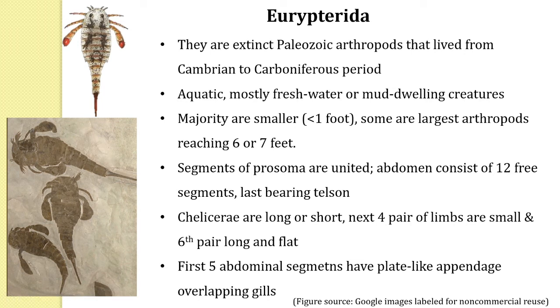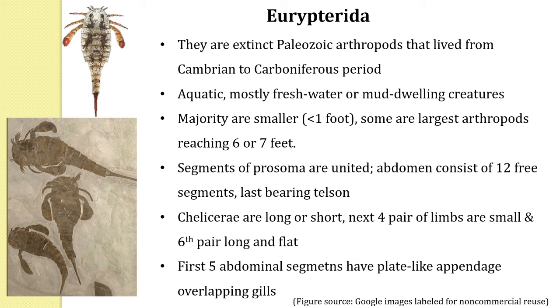The segments of the prosoma are united. The abdomen consists of only 12 free segments, the last bearing a telson, which is usually a long tapering spine, but is plate-like in some forms. The chelicerae are long or short.